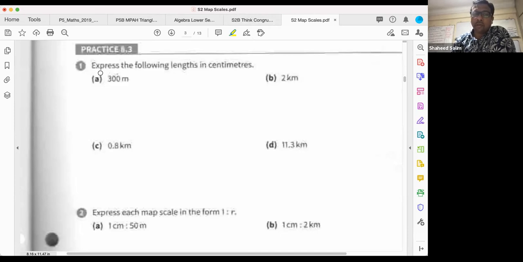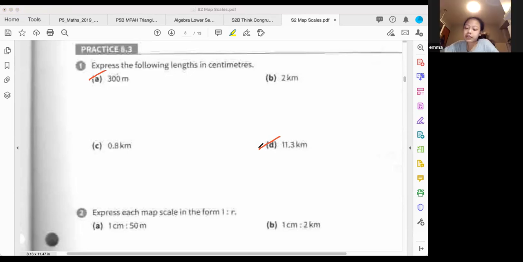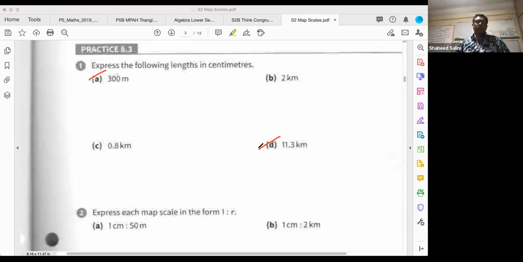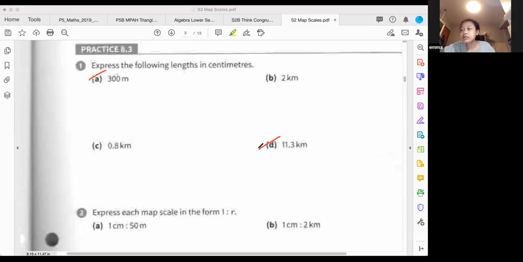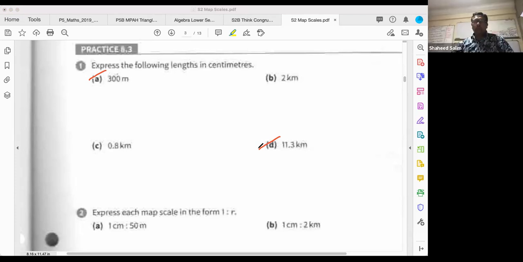So can you change this to cm and this one to cm? 30,000. The other one is 113,000 cm. Am I correct?